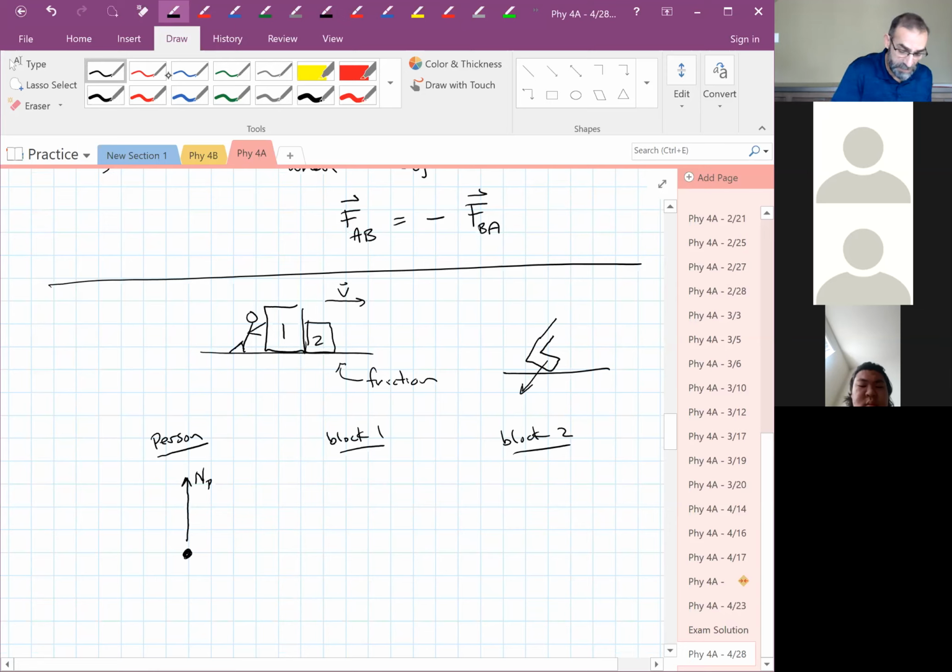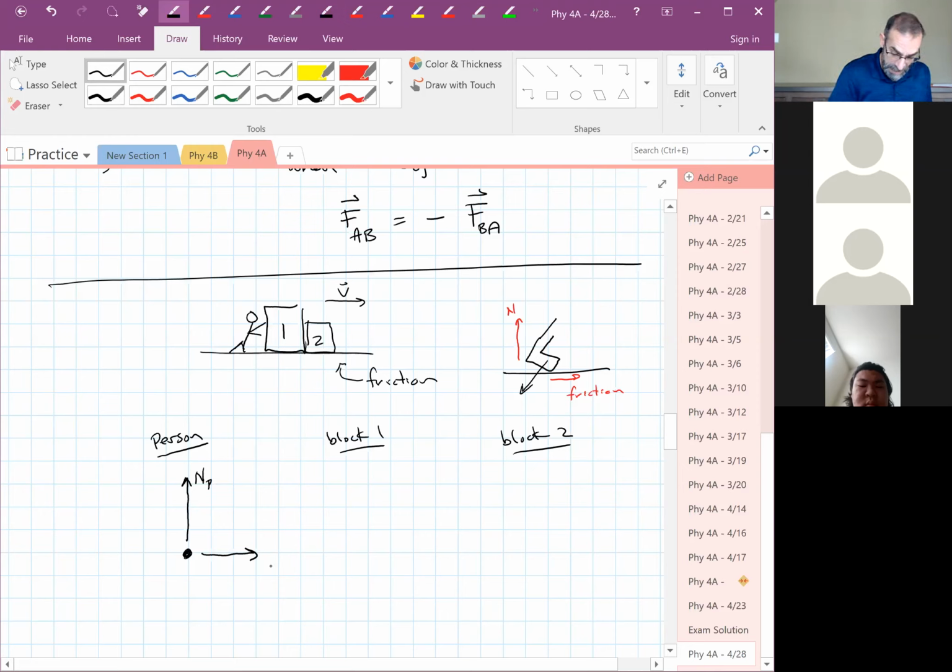Friction has to be pushing this way. And our normal force is pushing that way. And friction plus the normal force together add up to be opposite of the force from the foot against the floor, because the foot's not moving, right? So there must be some equal and opposite force that's preventing the foot from moving. So the friction force is in this direction in this case. We okay with that?